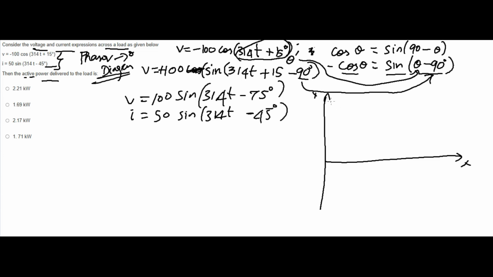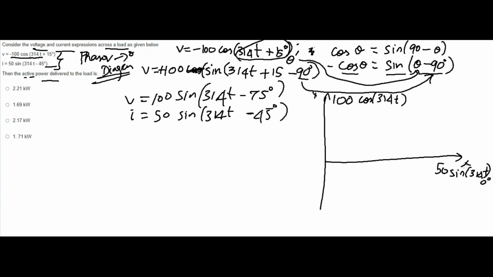Let me first write the thing here. For example, if I write 100 cos of 314t, that is the maximum, the first one I write. And here I write 50 sine of 314t at 0 degrees, that's the reference.